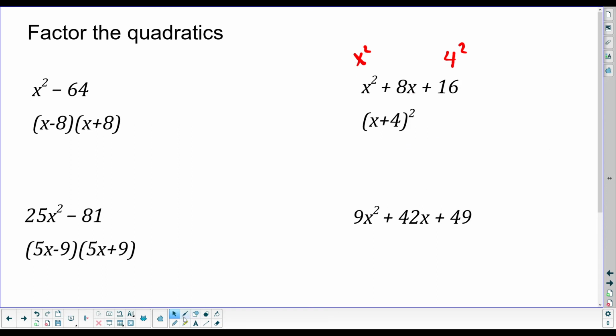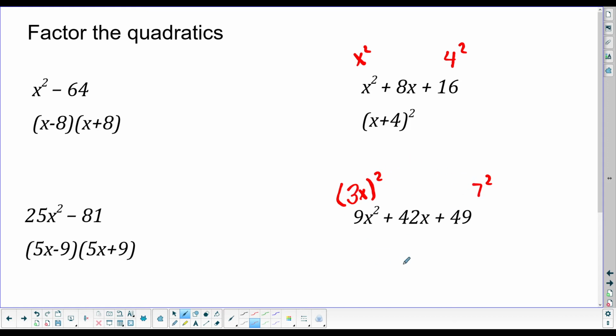And the same thing with this one. This first term is this perfect square. It's 3x squared. The last number here is also a perfect square. It's 7 squared. And so the question is this middle term 2 times 3x times 7? And so 2 times 3x would give me 6x. 6x times 7 gives me 42.